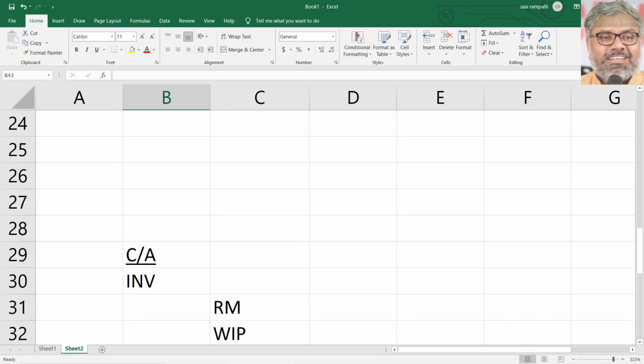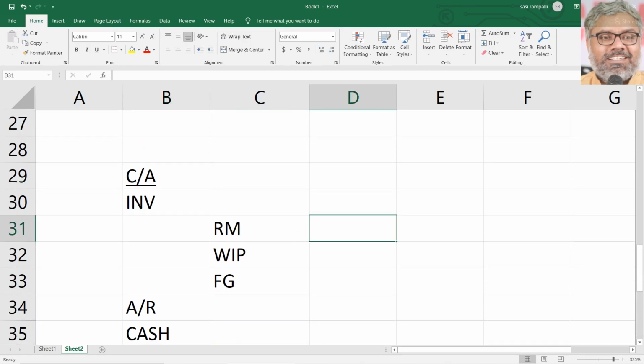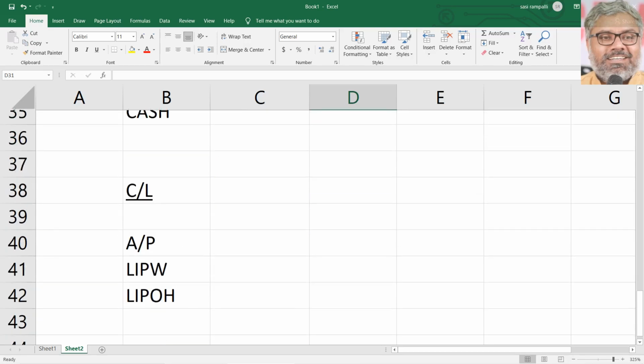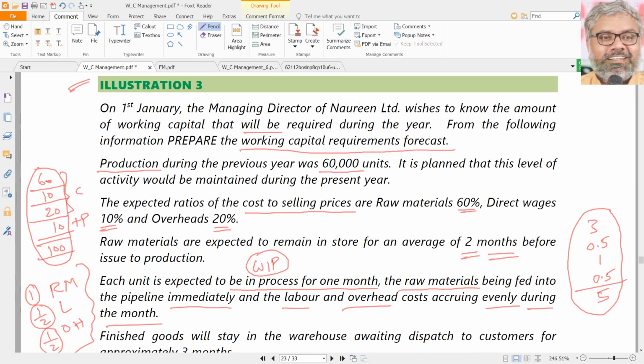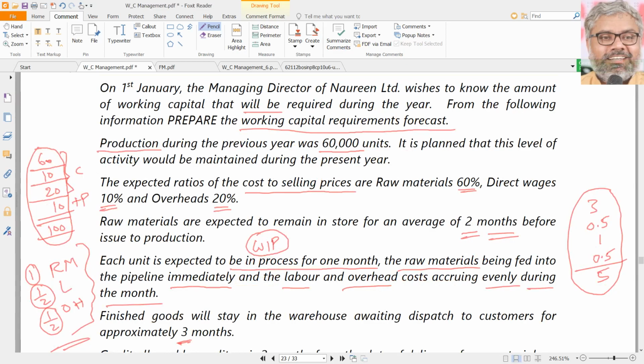But to compute this, first of all, we should know what the core items are. That can be done preferably if we have a proper cost sheet as a working note, because we need various things. We need the raw material consumption, and we need the work in progress for various things.